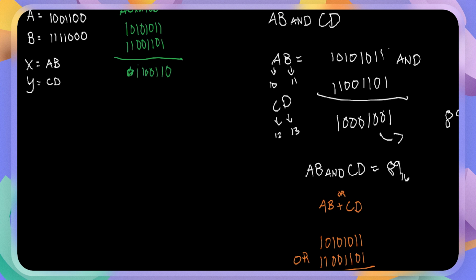You can just disregard that, but for simplicity's sake, let's just keep it there. So that's 0 1 1 0. That would be a 4 and a 2, so that's 6. And that's another 4 and a 2, so that's 6 again. So AB XOR CD is equals to 6 6.